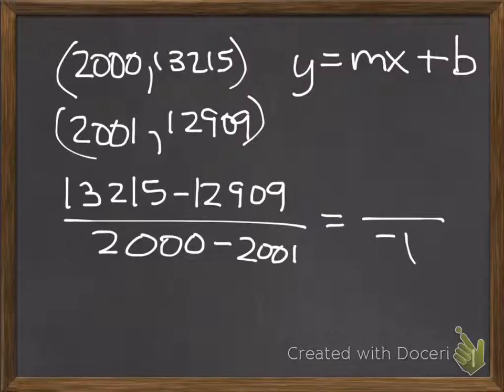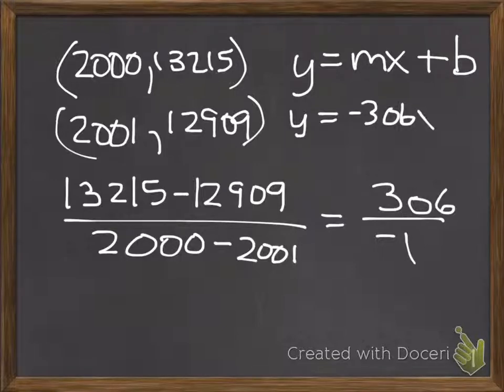So I get 13,215 minus 12,909, about 306 over negative 1. So I'm going to say that it's about negative 306.